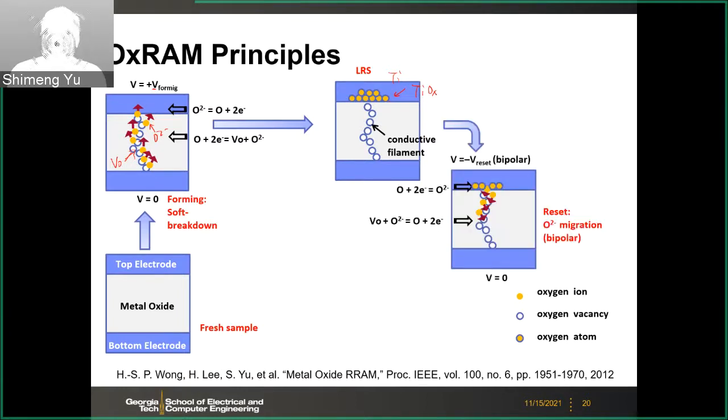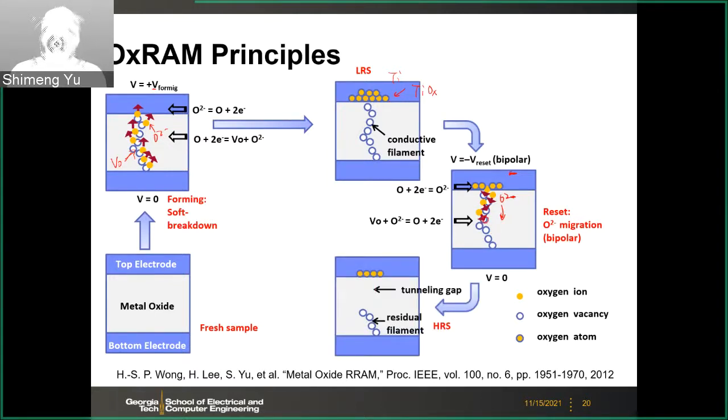And then if you reverse the voltage to reset, you have a negative voltage applied here. Then this negative voltage will drive those oxygen ions back because they are negatively charged. So the oxygen ions, those yellow dots, will migrate back, and then they will recombine with those vacancies. So that means the filament will be ruptured.